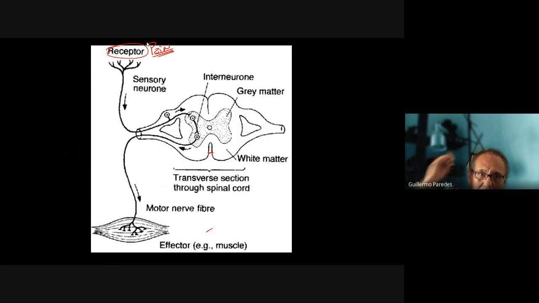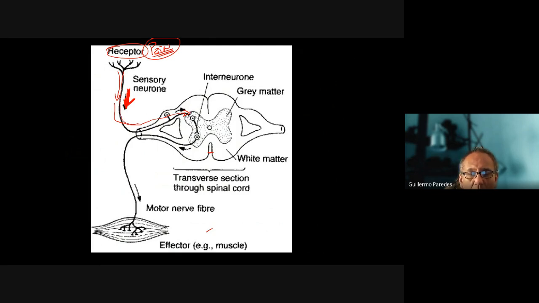So what happened? All these receptors, if you see here, the pathway of the stimulus is going to go this way, this way, this way, and go to the spinal cord. You put your hand on a hot pan, and the pain sensation is going to go from this nerve towards the spinal cord.